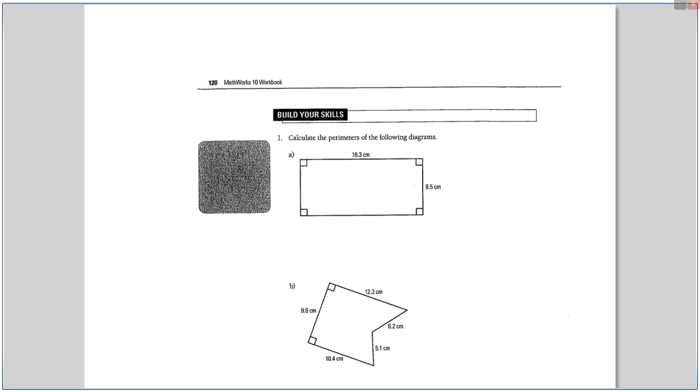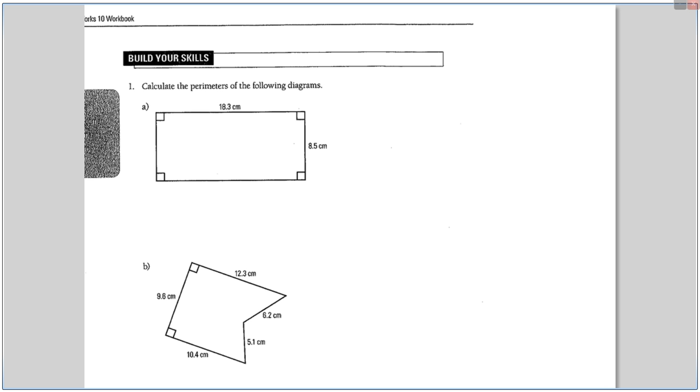We'll start off with build your skills number 1. You can use a perimeter formula for a rectangle, 2 lengths and 2 widths, with the length being here and the width being here. So 2 times 18.3 plus 2 times 8.5.